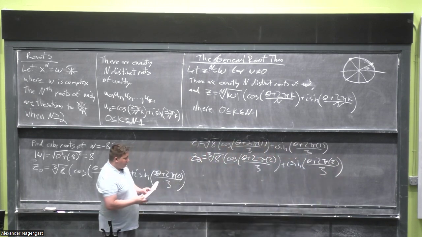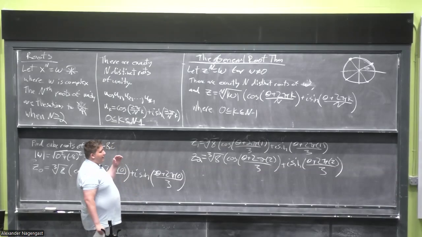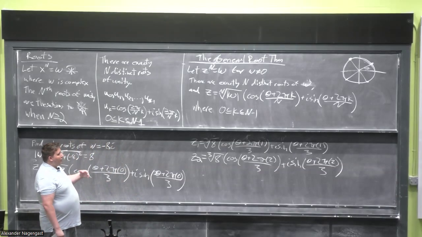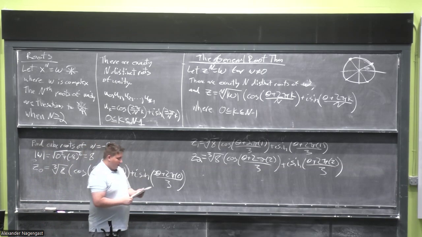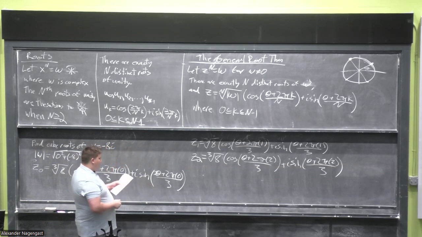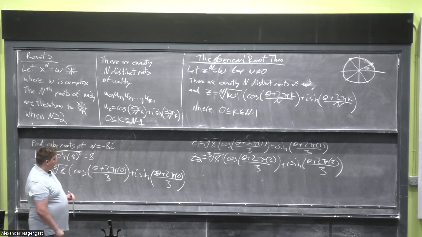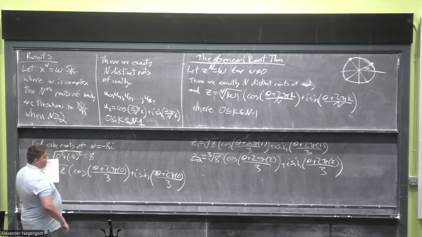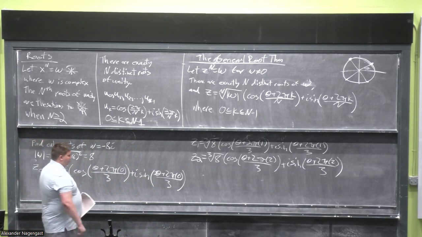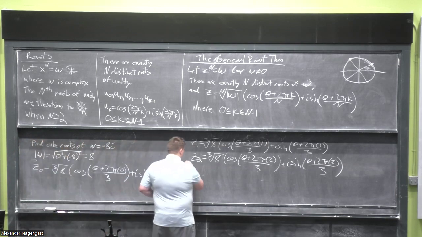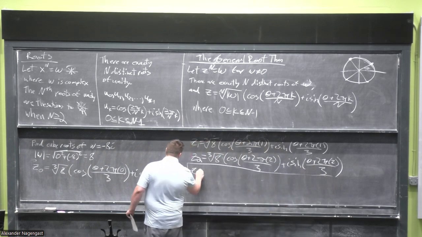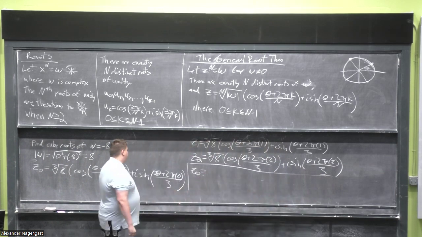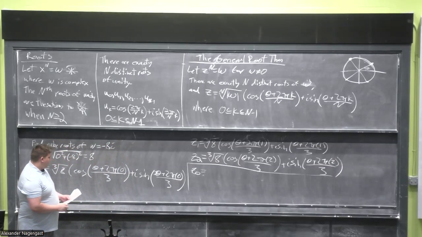Now, what we want to do is we have these generalized, but now we want to pick a starting point. So if I choose theta to be negative pi over 2, we can now simplify all of these. So let's start with z0. So z0 is equal to, and now let's plug in negative pi over 2.